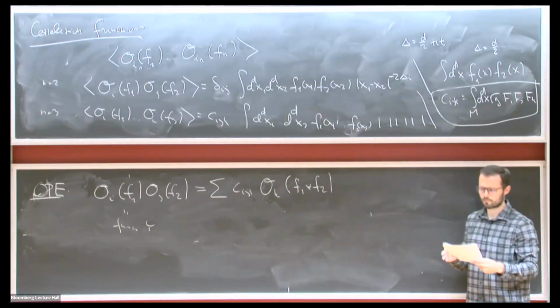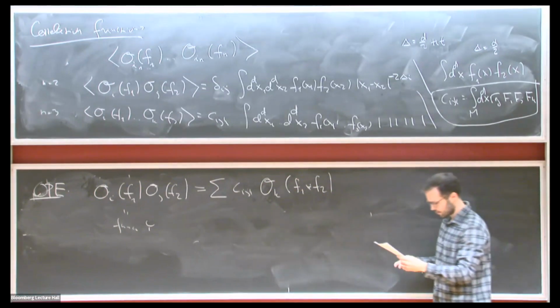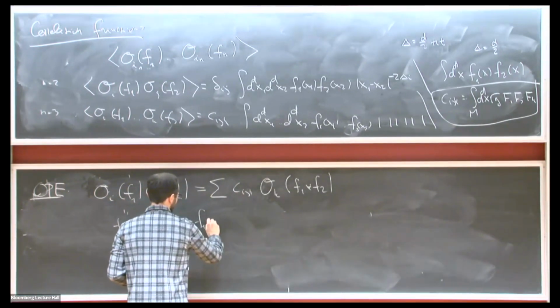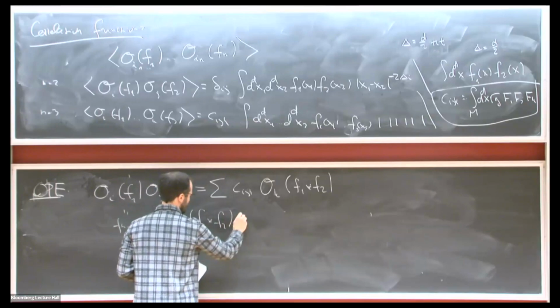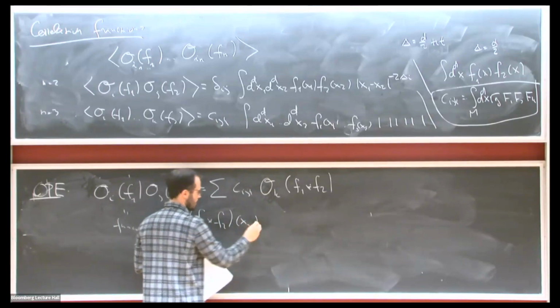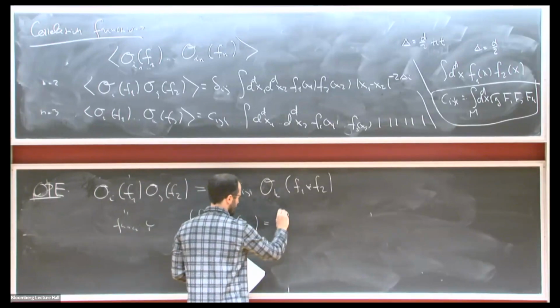But so this F1 star F2 should be something that we can feed into O_K. So it should be a function on R^d.